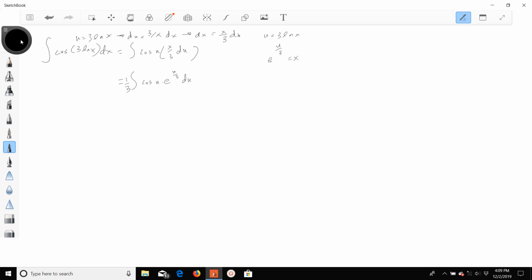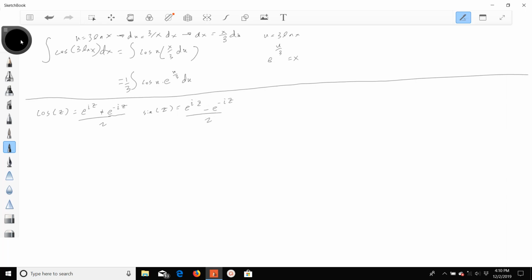So what we're going to do is go complex. Remember, for a complex number z, cosine of z turns out to be e to the iz plus e to the negative iz, over 2, and sine of z turns out to be e to the iz minus e to the negative iz, all over 2.